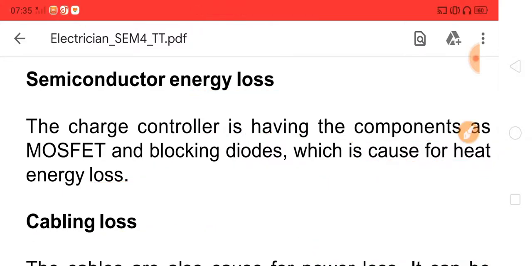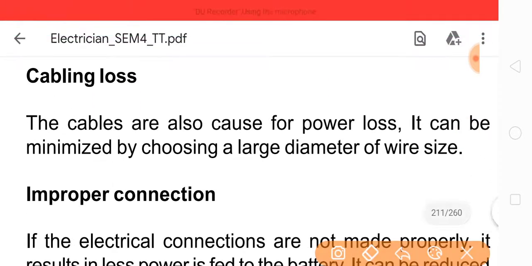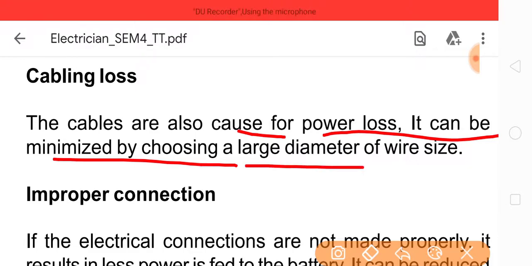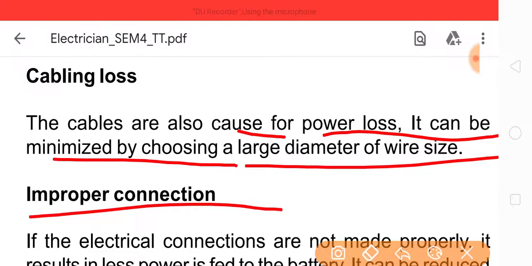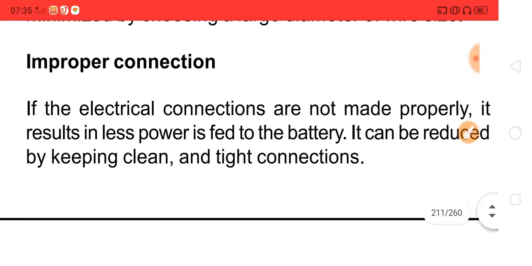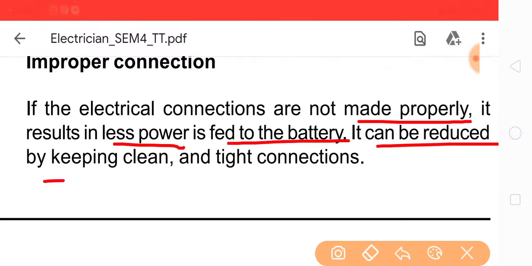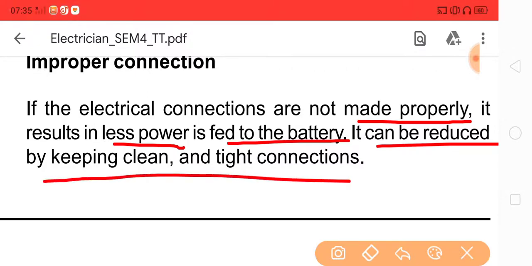Cabling loss means the cables also cause power loss. It can be minimized by choosing a large diameter wire size. Improper connection: if the electrical connections are not made properly, it results in less power fed to the battery. It can be reduced by keeping clean and tight connections.